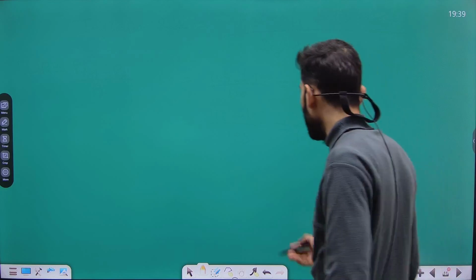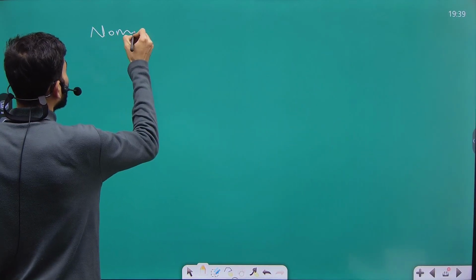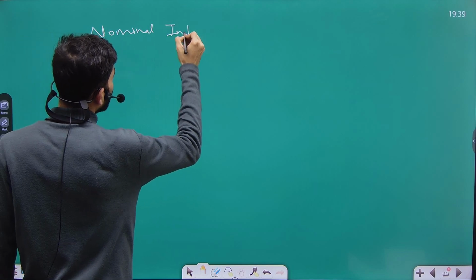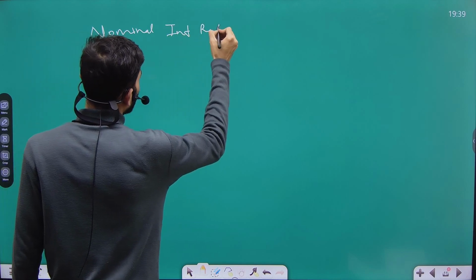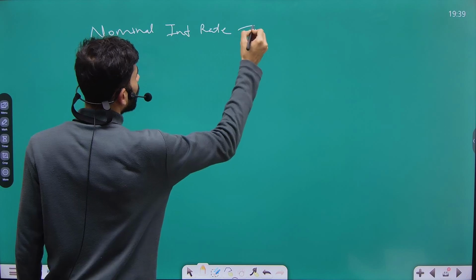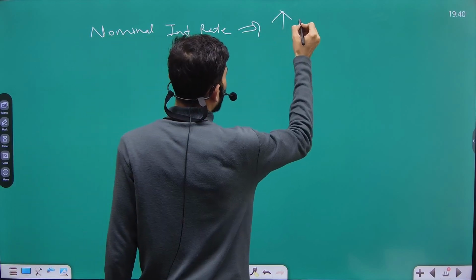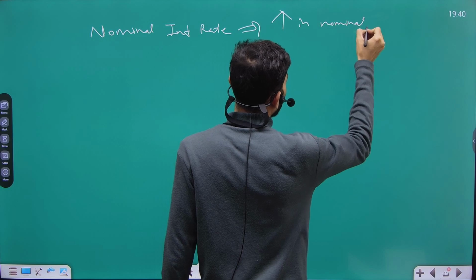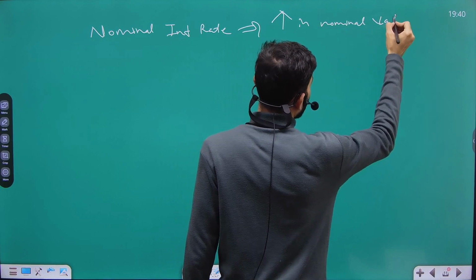So if we write, nominal interest rate is showing the rise in the nominal value of an asset.